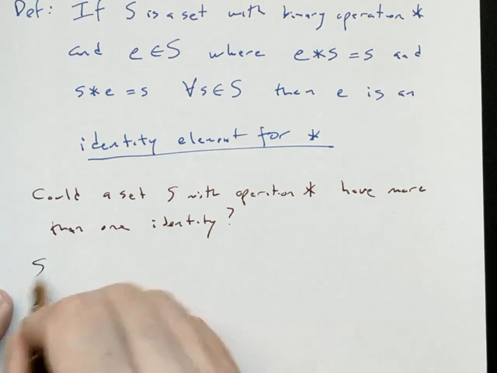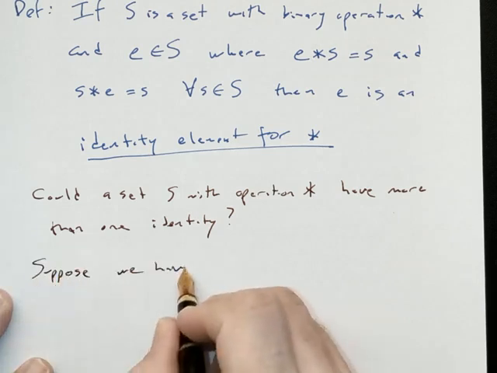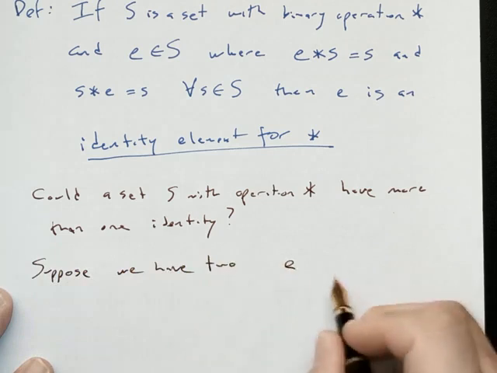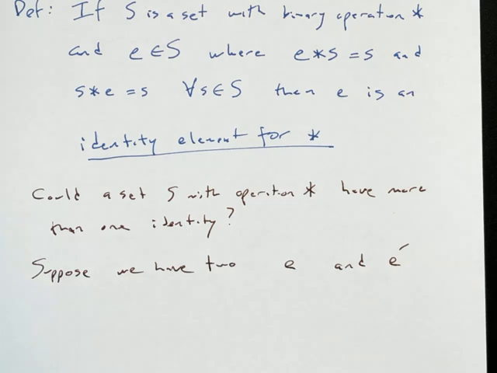Suppose we have 2, E and E prime. You want to call them E and F? I don't care, it doesn't matter. You call them 2 things, right? Well, I know if you take E and multiply it by anything in the set, you get that thing, right?